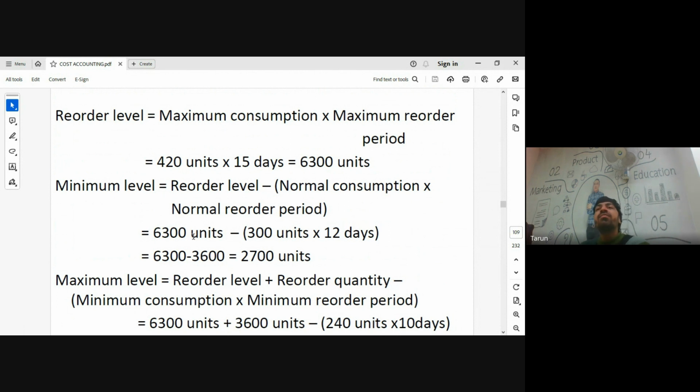Once you subtract from 6,300, you will get 2,700 units.